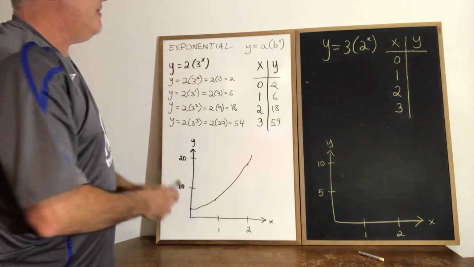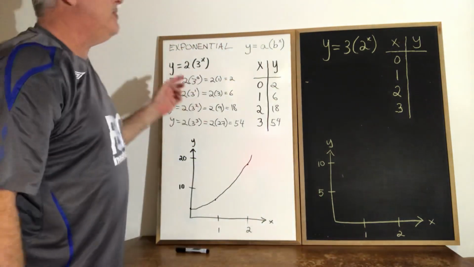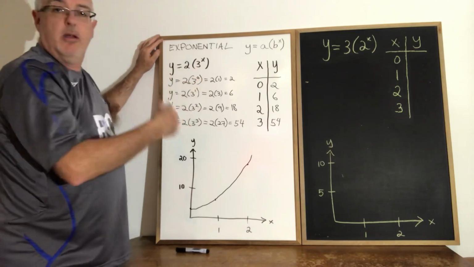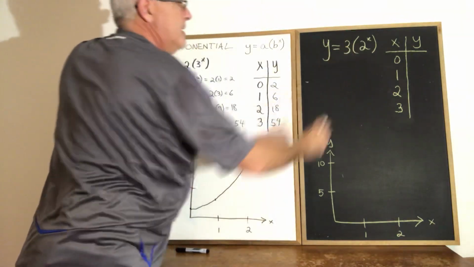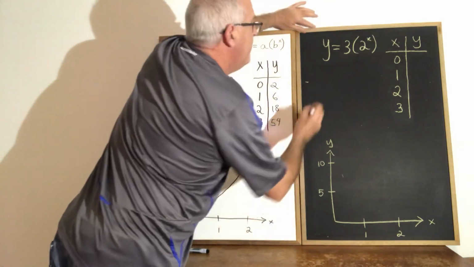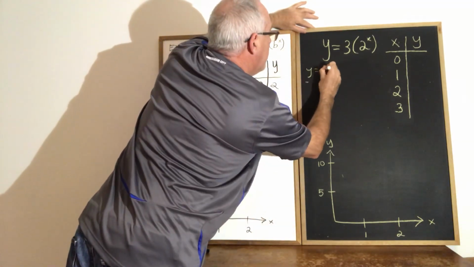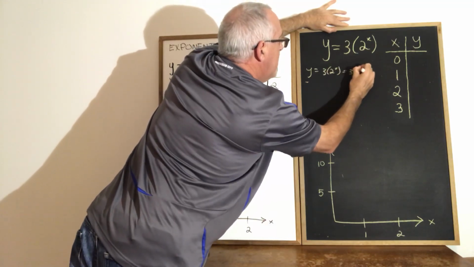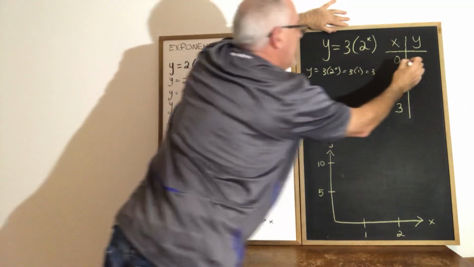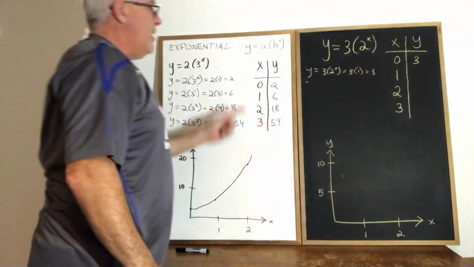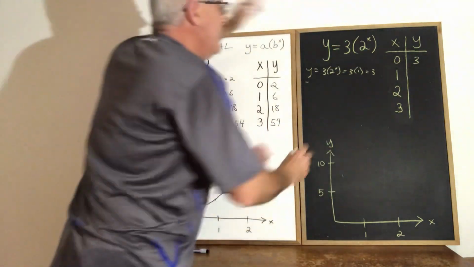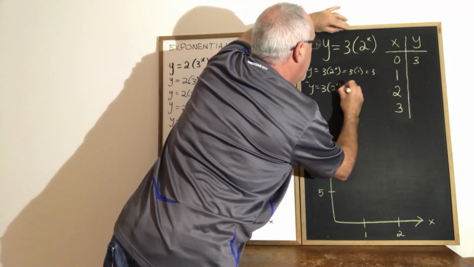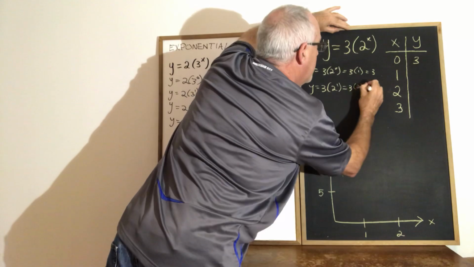Let's do this again with this other example, which is very similar, but this time, instead of a equal to 2, b equal to 3, I did the reverse. A is equal to 3, b is equal to 2. If x is 0, y is equal to 3 times 2 to the 0, which is 3 times 1, which is 3. And I can see I have a different y-intercept than I did over here. If x is 1, y is equal to 3 times 2 to the 1, which is 3 times 2, which is 6.